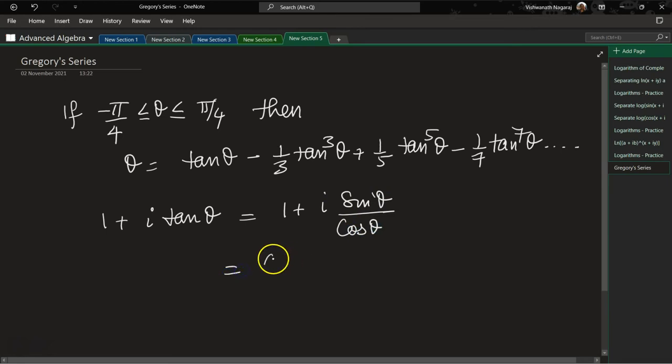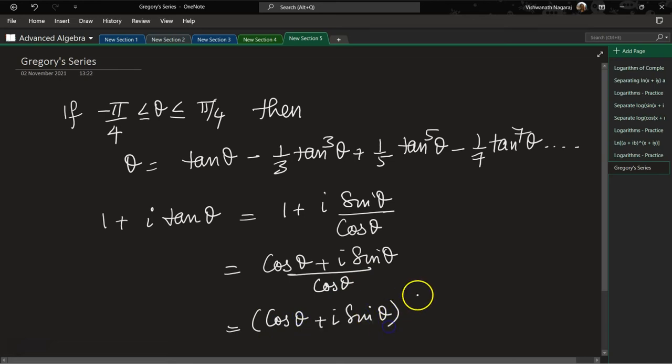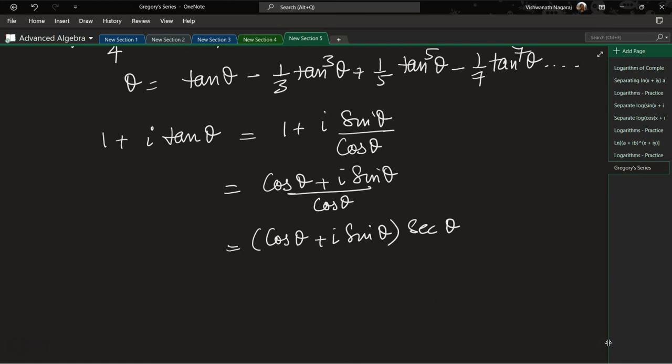Now this becomes cos theta plus i sin theta, divided by cos theta. See, immediately we got that. And this cos theta we can take separately and write as sec theta, right? So we have cos theta plus i sin theta times sec theta.